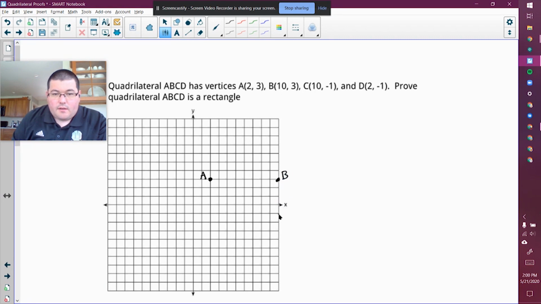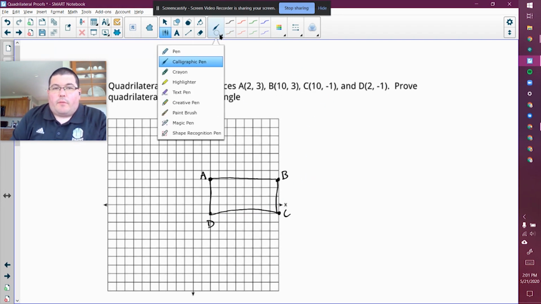We've got 10, -1. And we've got 2, -1. Prove that this quadrilateral is a rectangle.